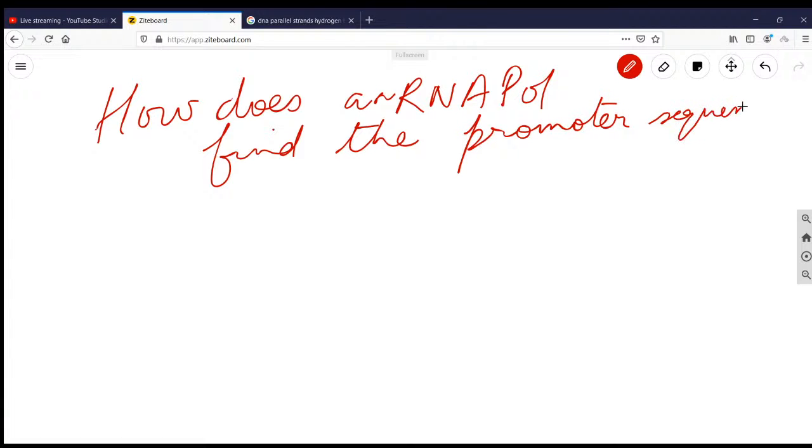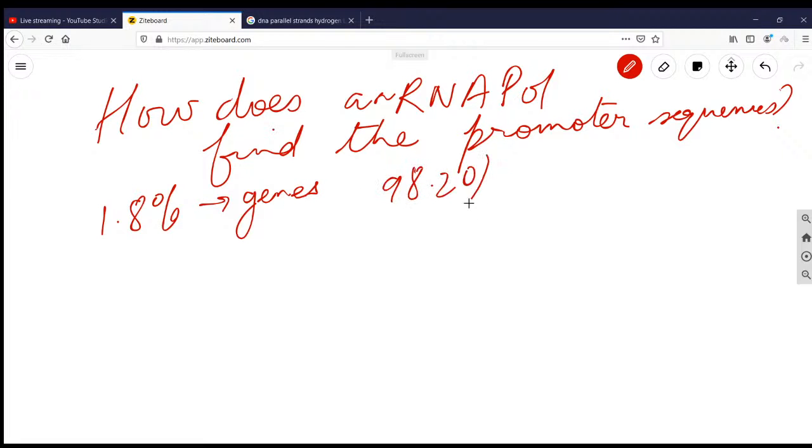Because in eukaryotes, I had explained to you that only 1.8% of the genome is genic, meaning coding. The 98.2% is junk. They're not complete junk, they are non-coding RNAs, but they are out of the reach of your syllabus. So you can call them non-coding.